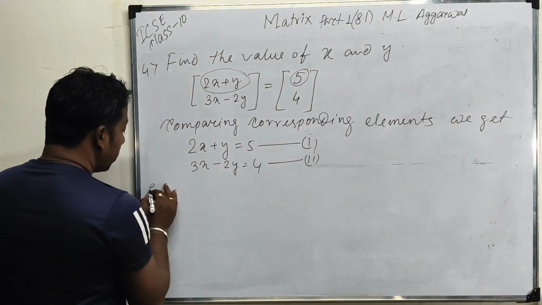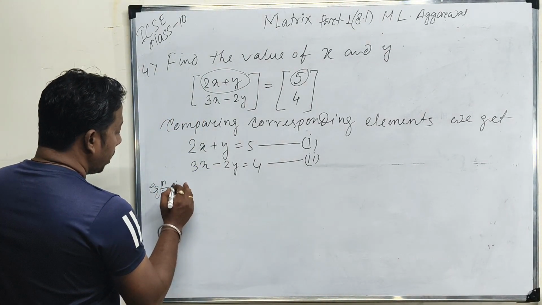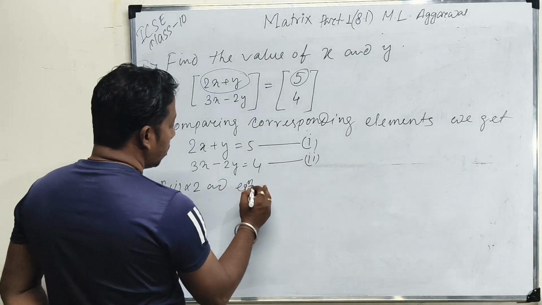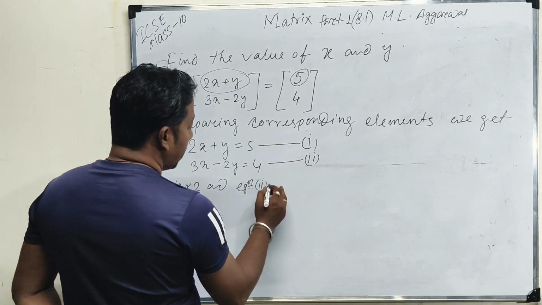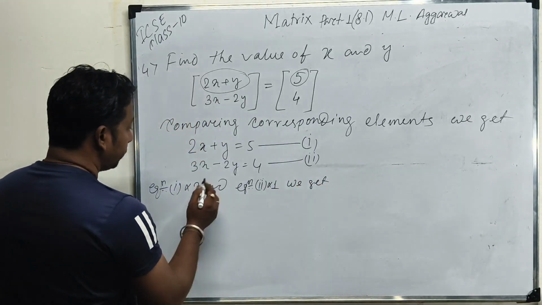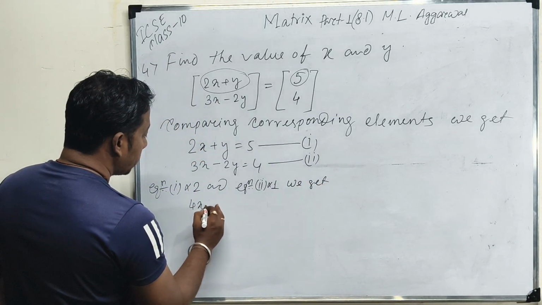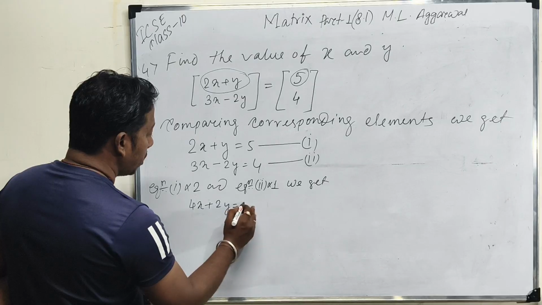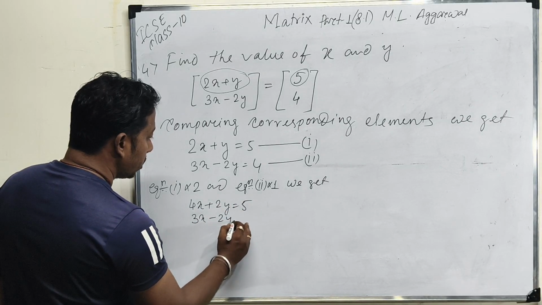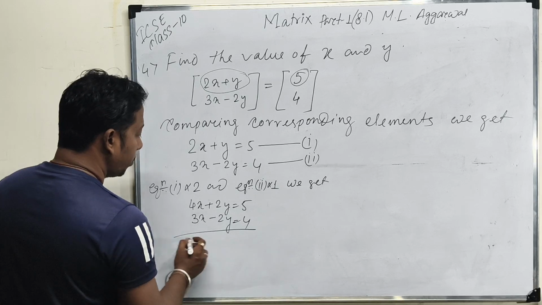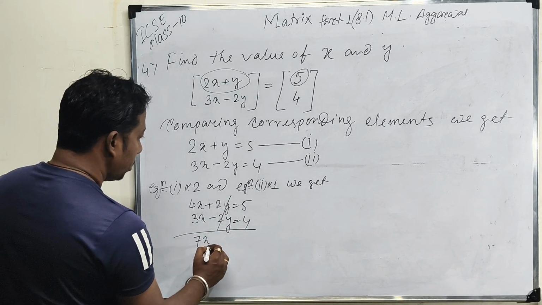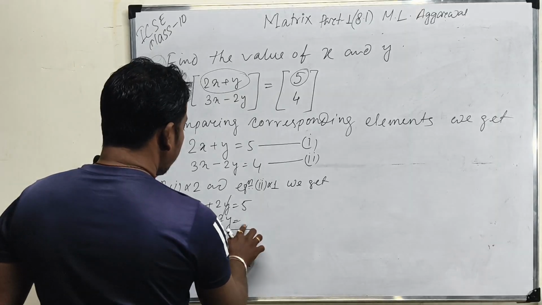So equation 1 multiplied by 2 and equation 2 multiplied by 1, then we get 4x plus 2y is equal to 10, 3x minus 2y is equal to 4. Simply add them.